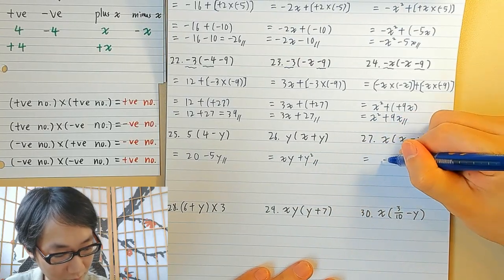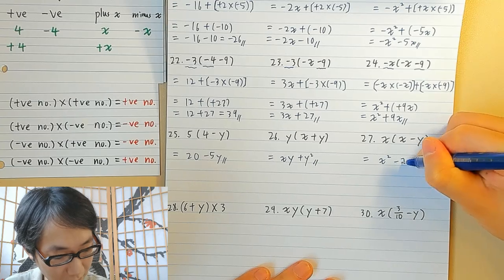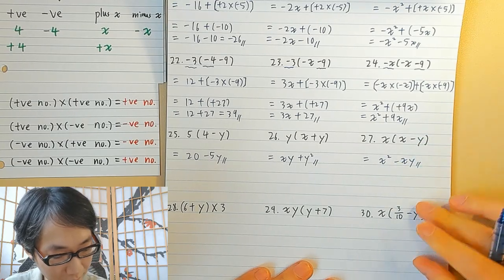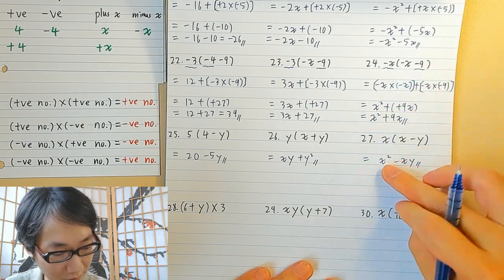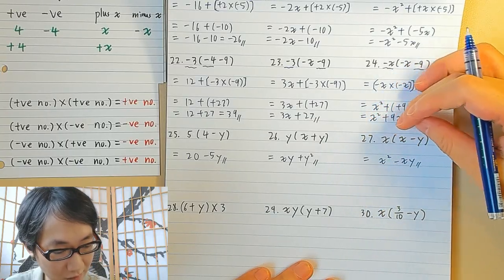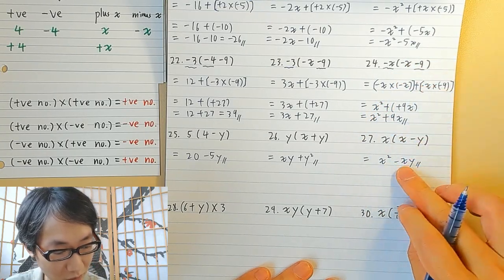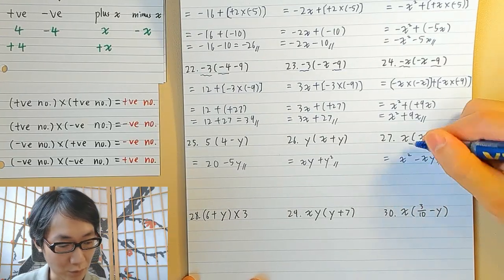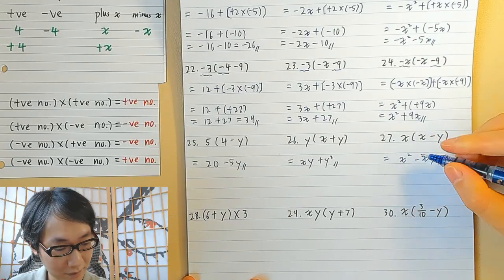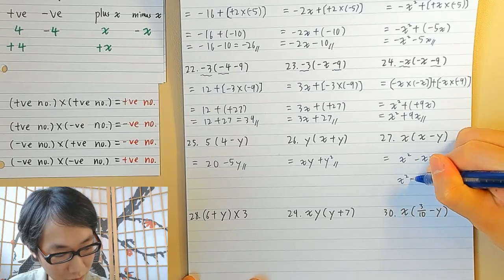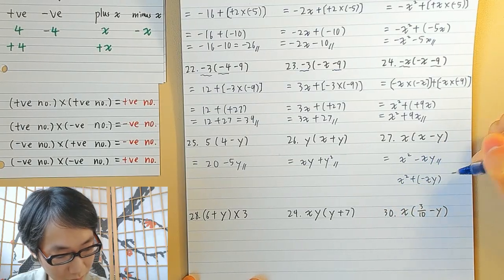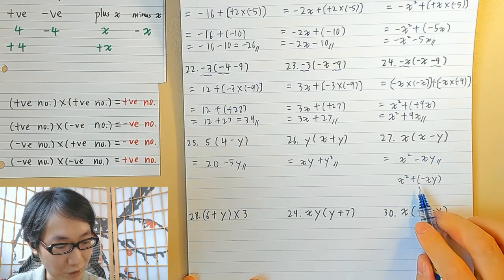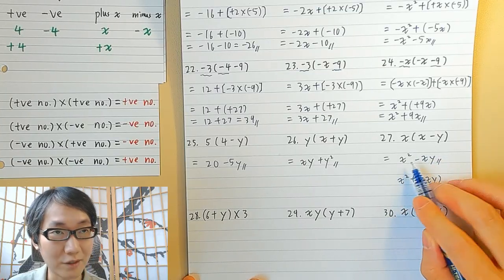And this one, x squared minus xy. First term plus x times plus x. Second term plus x times minus y. We have minus xy. Okay. The plus sign here is omitted. You see this also, but the plus does nothing, so it's omitted in the final answer.